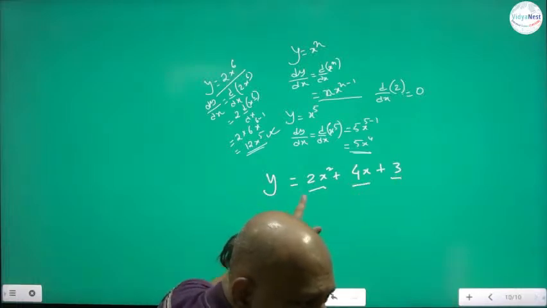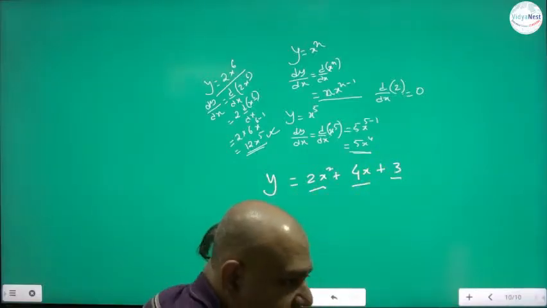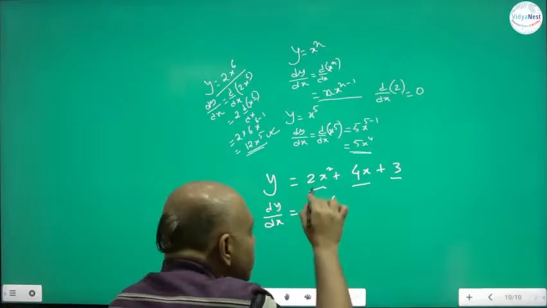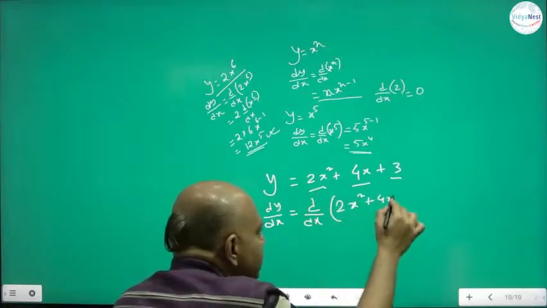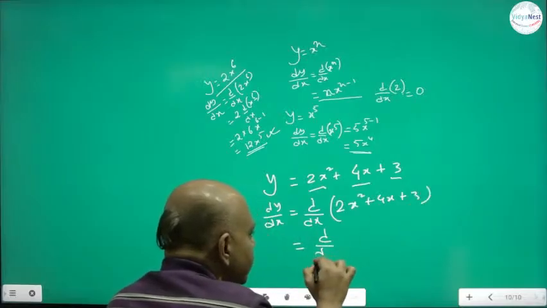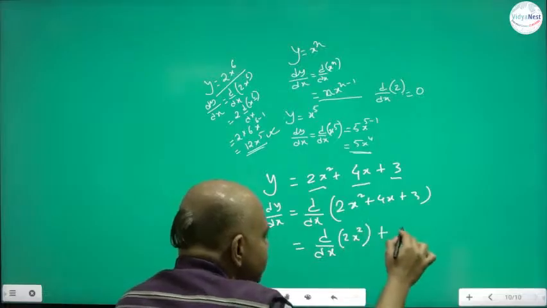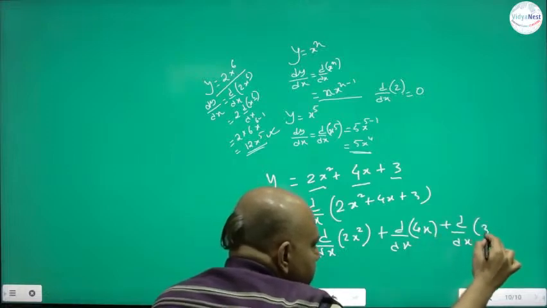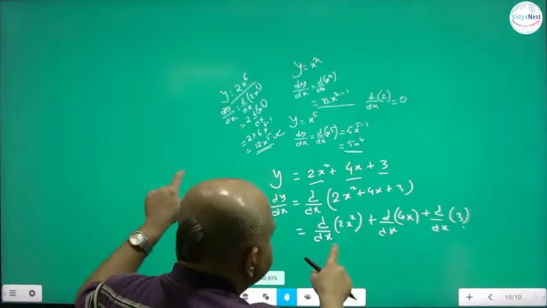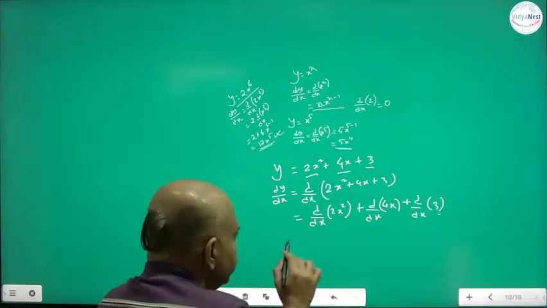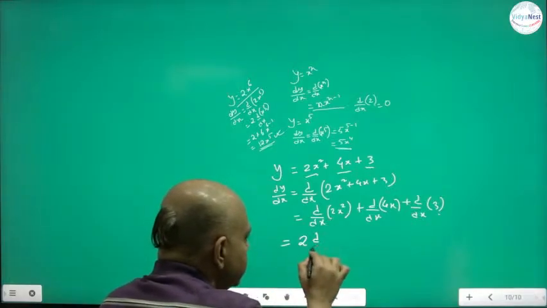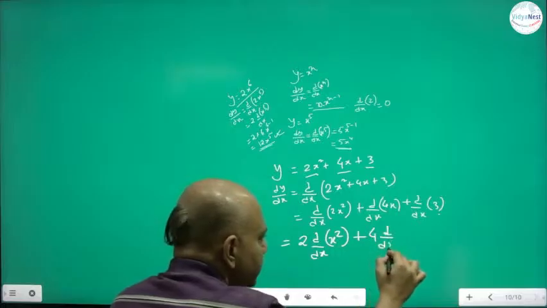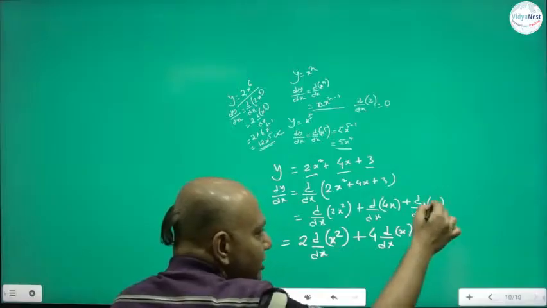So whenever I have to differentiate y, separately differentiate all and add them. Then dy/dx is the differentiation of 2x square plus the differentiation of 4x plus the differentiation of 3. The constant 2 comes out, differentiate x square. The constant 4 comes out, differentiate x. And 3 is only a constant, so the result will be 0.